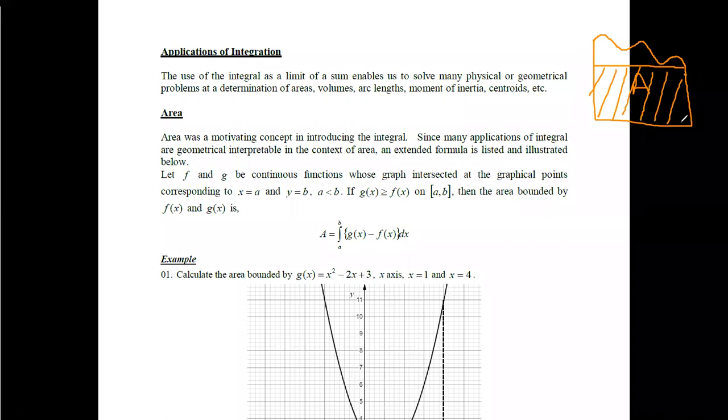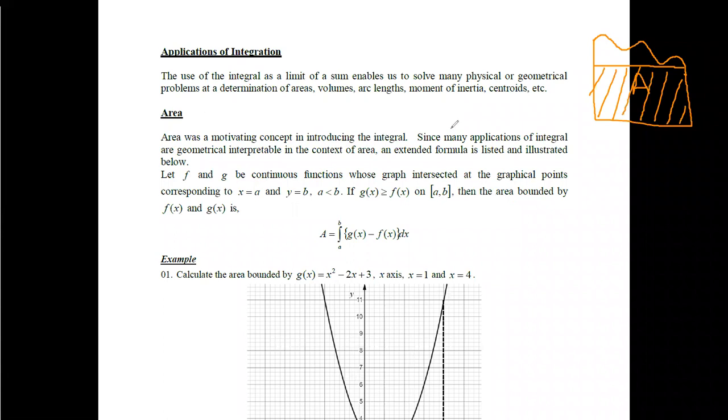Therefore, in a situation like this, you can use integration as a method to identify the area. Area is a very simple thing that we can identify using integration.